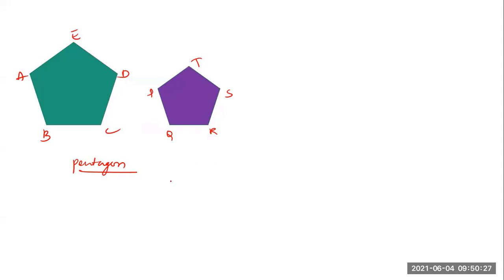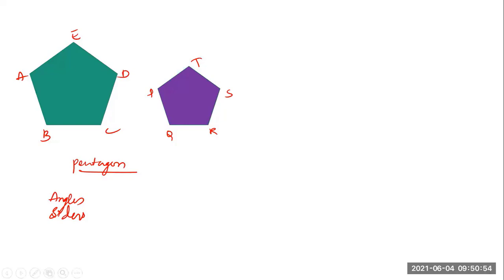But even though they look similar, we'll check some conditions, whether they are similar or not. To check, we'll see their angles first, and afterwards we'll check their sides also. How to check the congruency? We had the criteria for angle and side, correct?